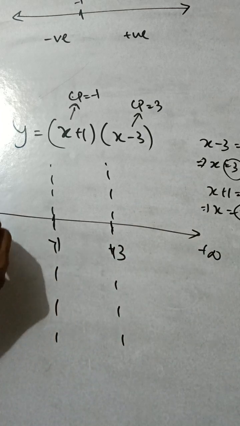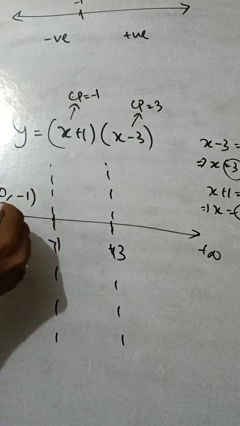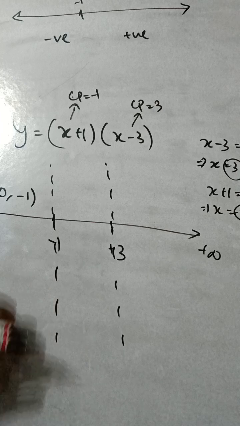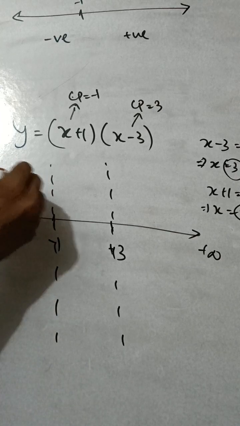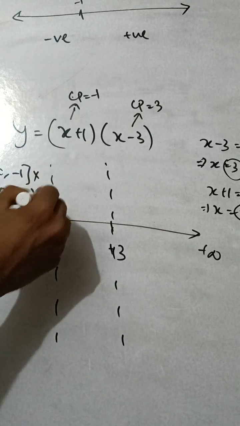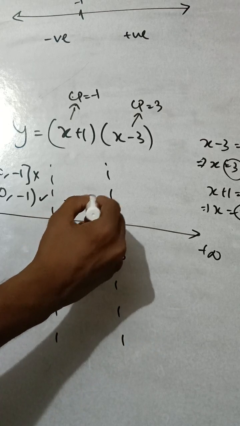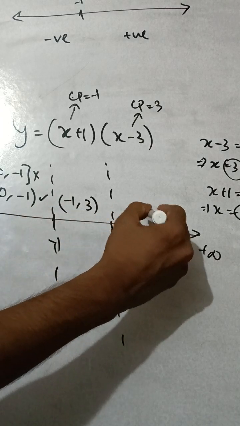The first region is minus infinity to minus 1. We are not including the critical points in the regions. The next region is minus 1 to 3, again not including 3, and the last is 3 to infinity.